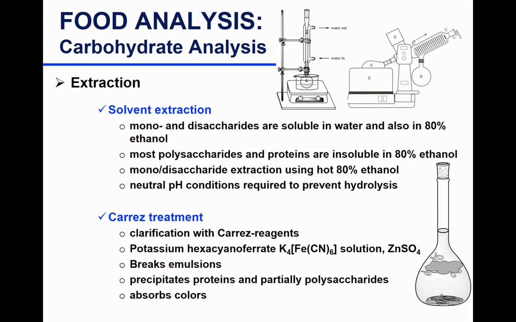So what you would do is mix your sample with 80% ethanol. And if you see here in this picture, you have a hot water bath, not necessarily directly on a hot plate, but a water bath where you put your sample with 80% ethanol and do the extraction for a certain period of time.